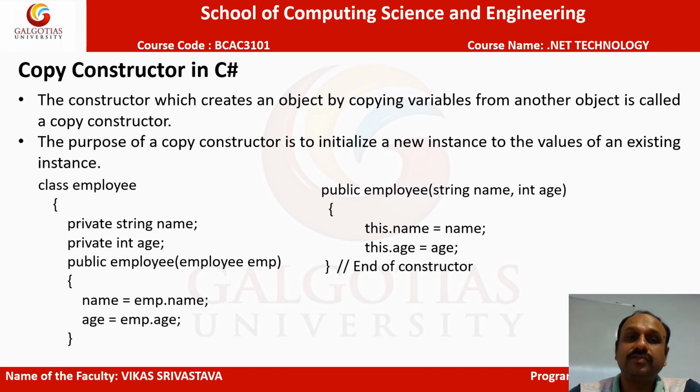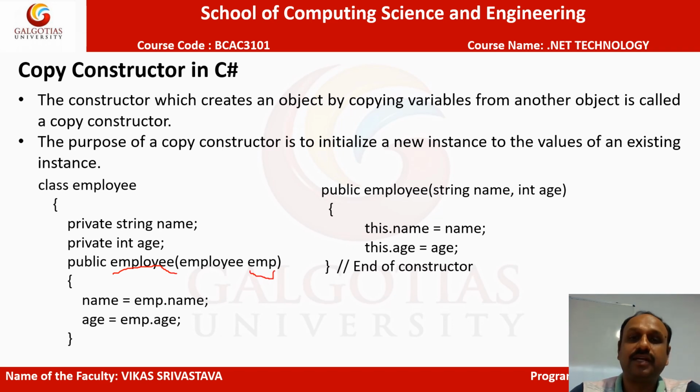So what we understood is that when we create an object and pass some values, in this particular example you can see that in class Employee you have an Employee constructor with emp.